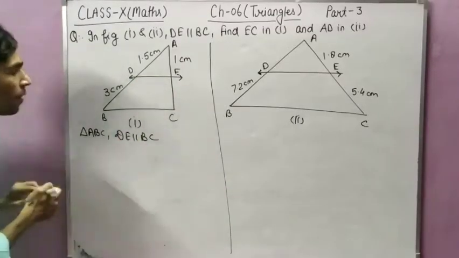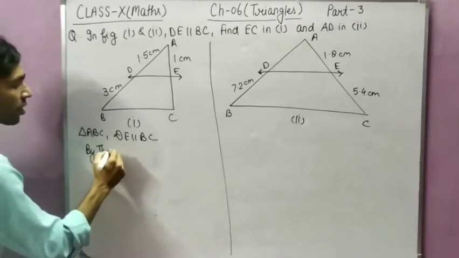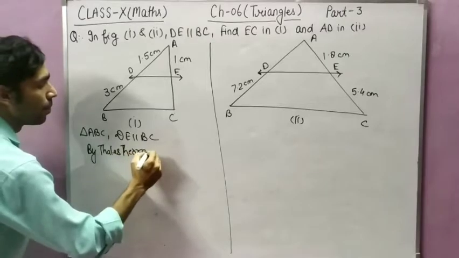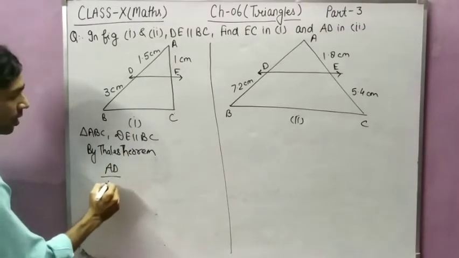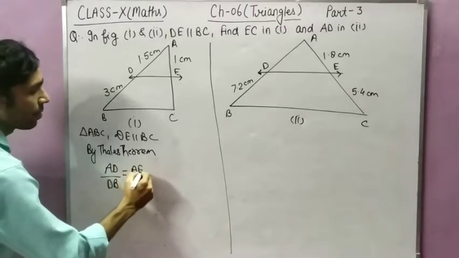So by Thales theorem what we can write, student? By Thales theorem, the other two sides of the triangle will divide in the same ratio. So by Thales theorem we can write AD upon DB is equal to AE upon EC.